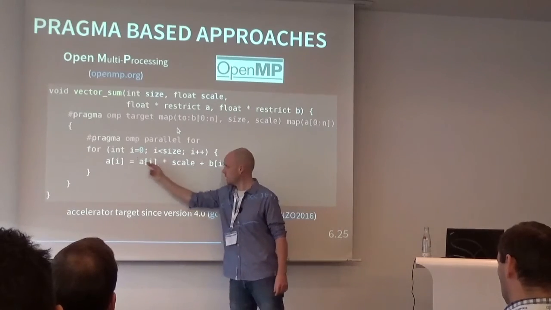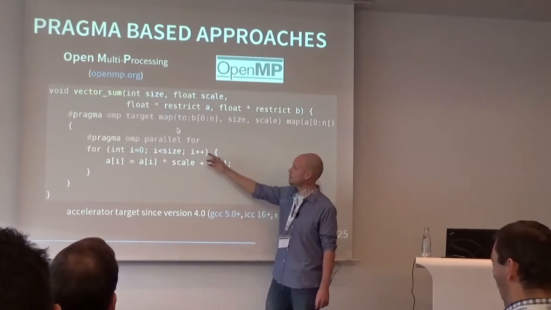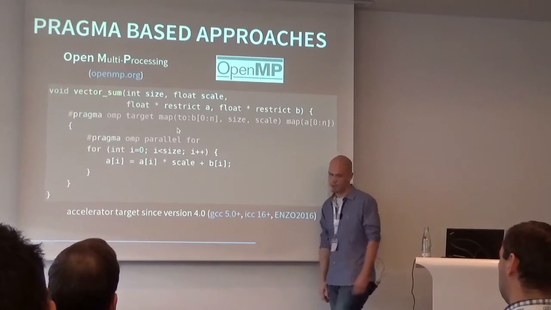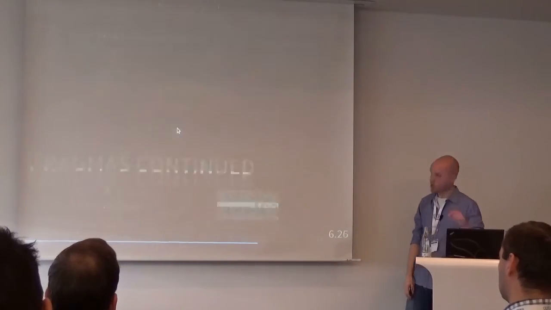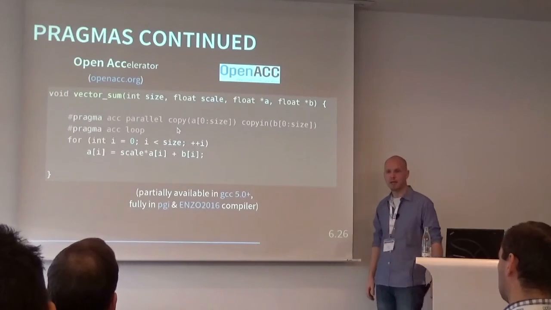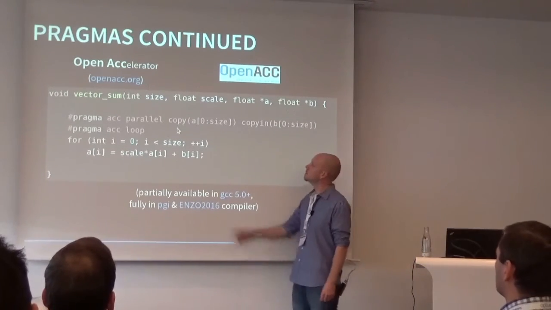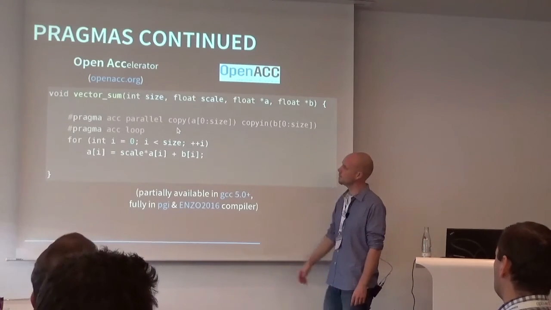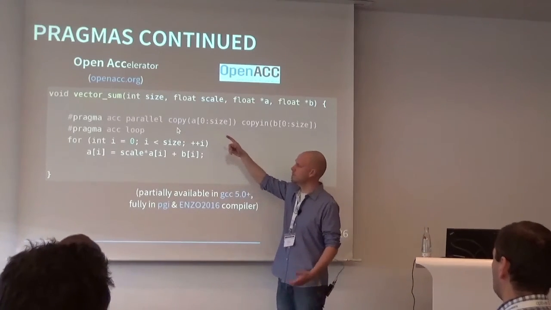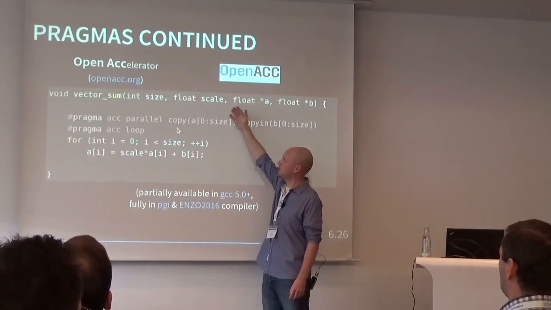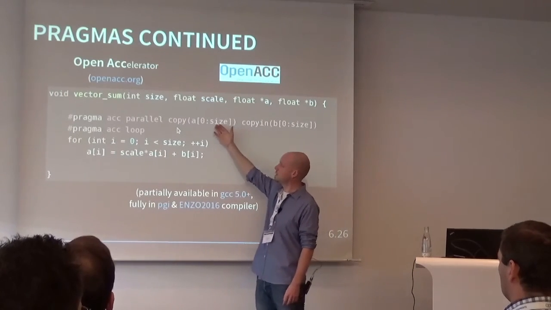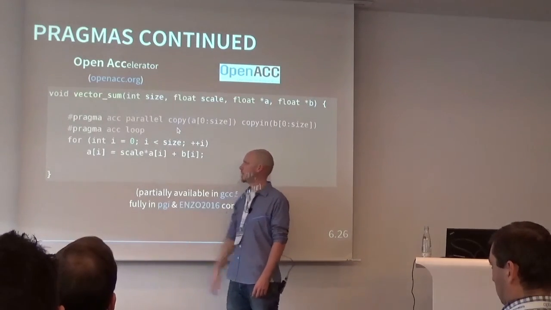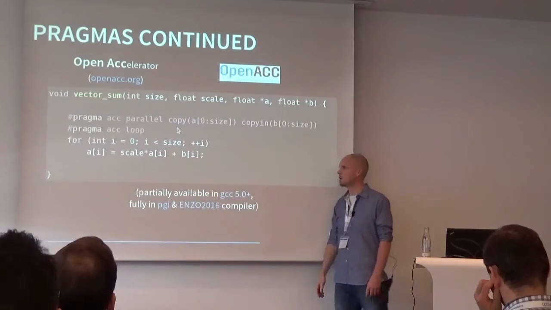Here is the for loop that you know, and then you spice up your code with some pragma statements and be done with it. There is an alternative project called OpenACC, funded mostly or in part by NVIDIA. It's basically the same approach. You have your API, you spice it up with pragma statements, and you can keep the code as you know it, with simple for loops.